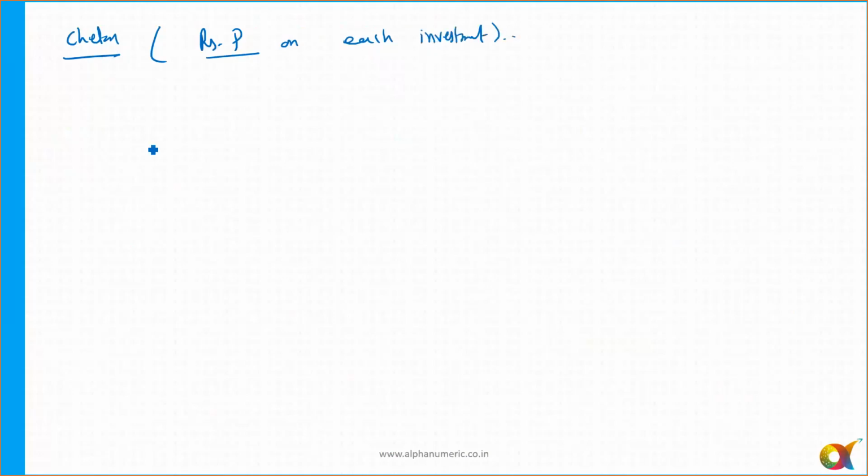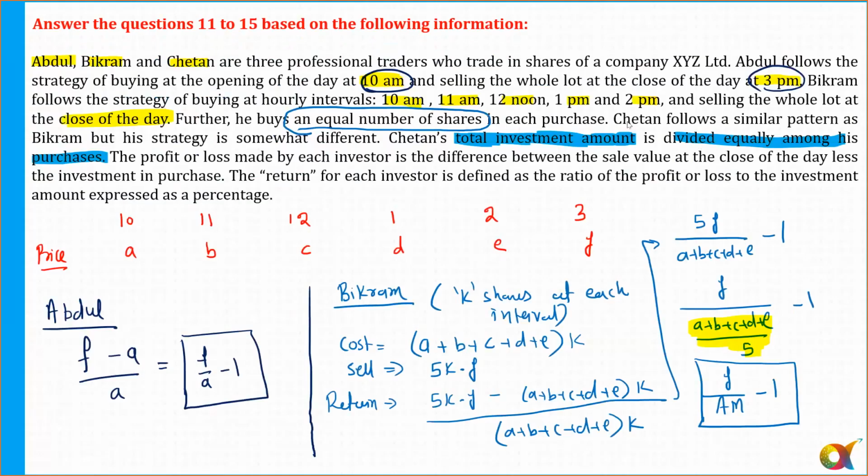So what is the number of shares bought by Chetan? At 10 AM he invested rupees P and the share price of one share is A. So the number of shares is equal to P by A. Yes or no? Is that part clear? We have already seen this.